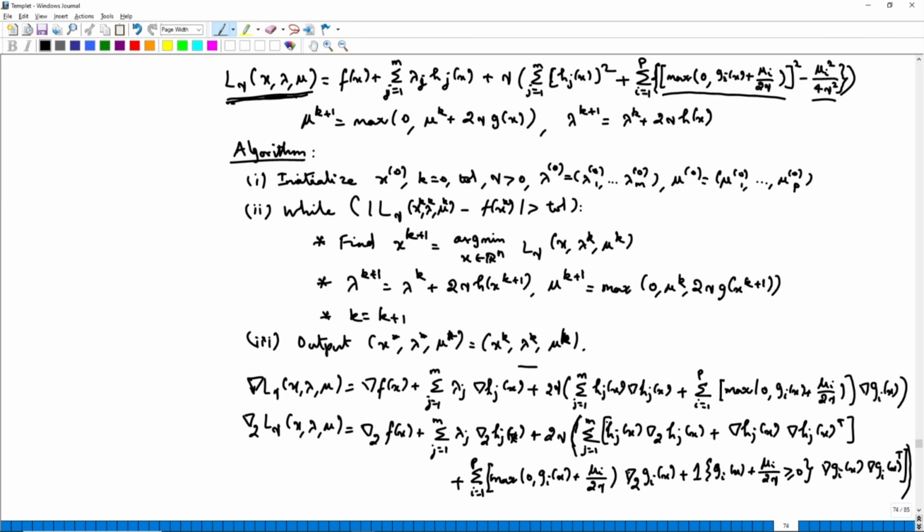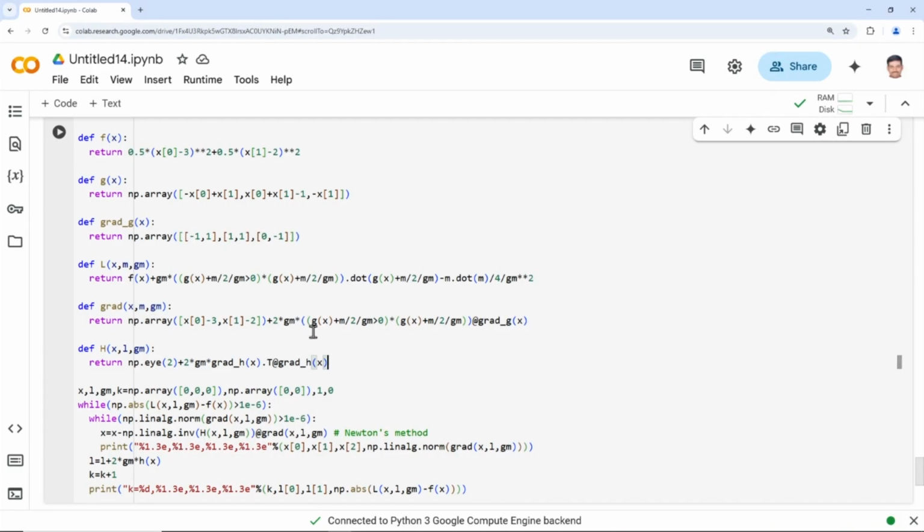So the Hessian is 0, so you only have to have this, right. So we will write this down when g_i of x plus mu_i by 2 gamma is greater than or equal to 0, right.